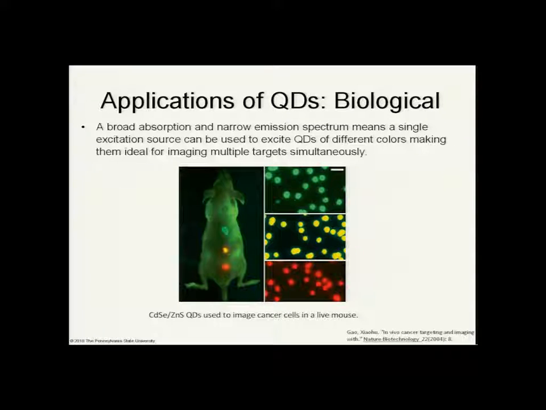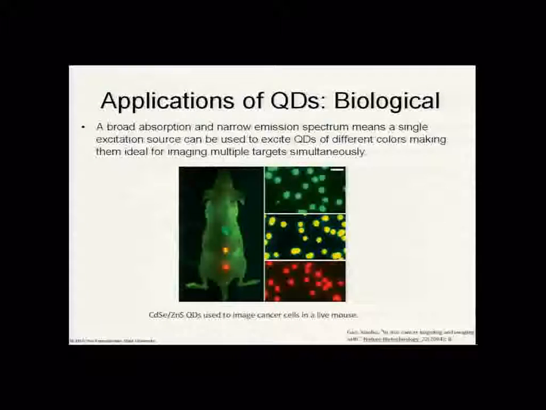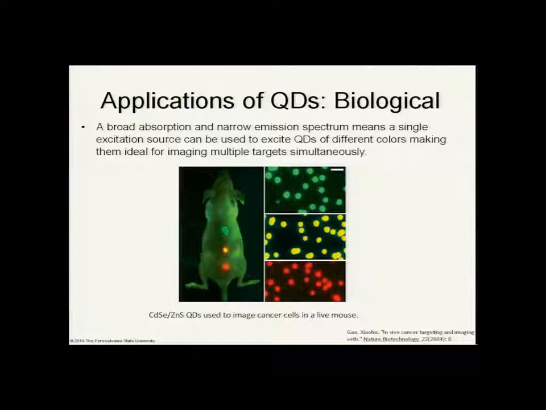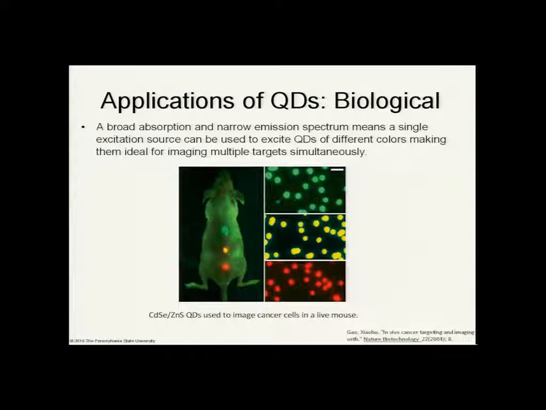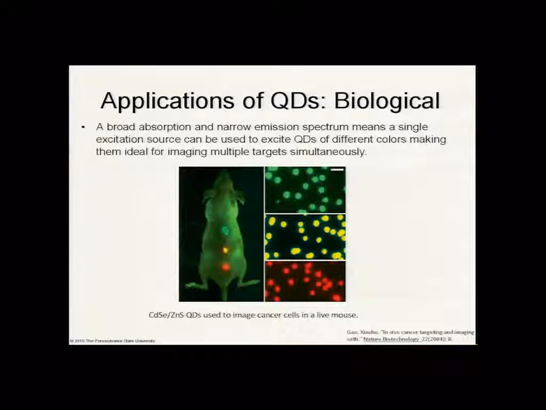Putting this all together, we see that a broad absorbance and narrow emission spectrum means a single excitation source can be used to excite quantum dots of different colors, making them ideal for imaging multiple targets simultaneously.